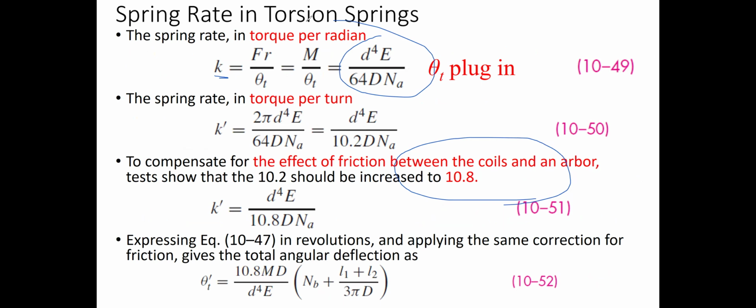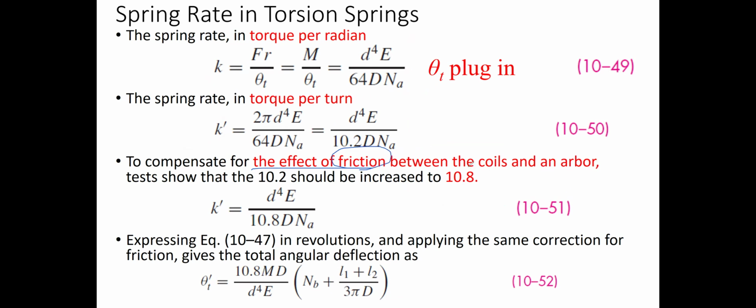So we can convert K to K prime. If you still remember, prime means per revolution, meaning per turn. So K prime just equals this term. This value is for torque per radian, and this term is used for torque per turn. They compensate for the effect of friction between each coil.